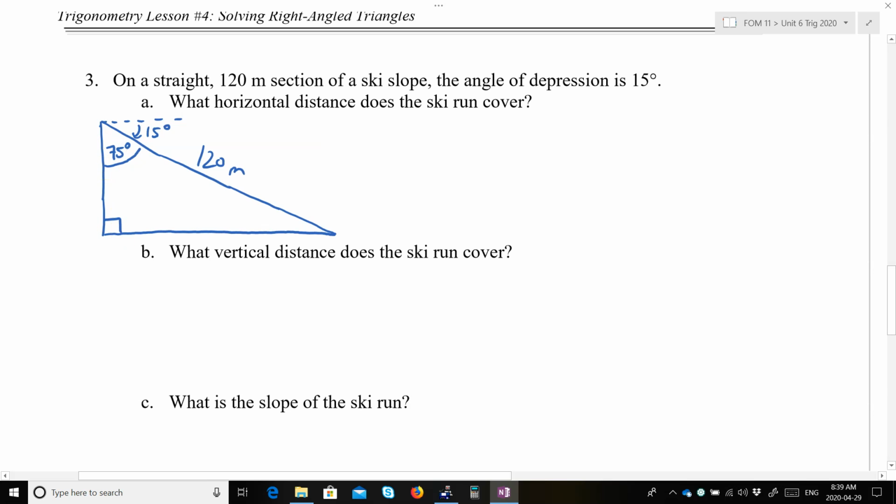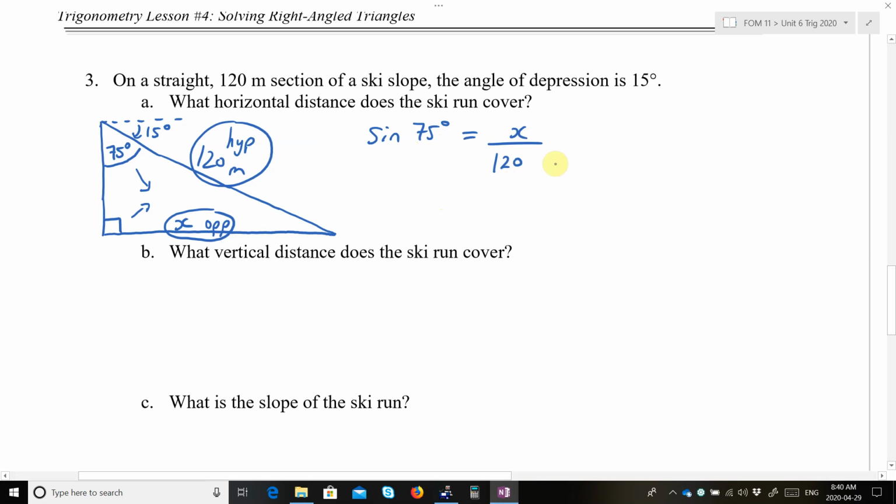Here's our 90 degrees. And it says, what horizontal distance does the ski run cover? So the horizontal distance is right here, x. Okay, so using the 75 degrees, this is going to be the opposite side, and across from the 90 is the hypotenuse. So we're looking for the opposite, and we have the hypotenuse, and that's the sine ratio. So you would go sine of 75 degrees is equal to opposite divided by hypotenuse.